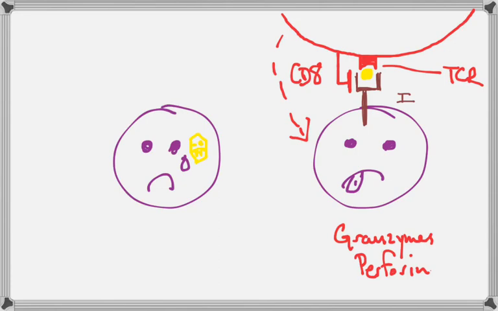Go ahead, Zach. So when these two things happen at the same time, it's destroying the whole MHC1 complex? It's not necessarily destroying the MHC1 complex. When these two things happen at the same time, it triggers this cell to basically begin a process of death.